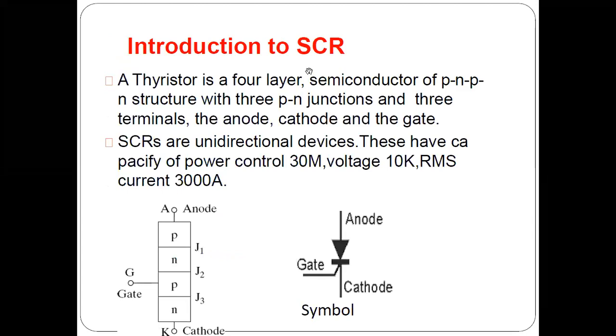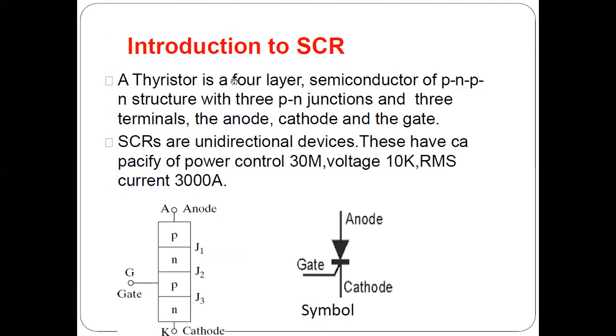Basically, the SCR falls under the category of the thyristor family. Like we have a family in power electronics, among that family, here we will focus more on the thyristor.